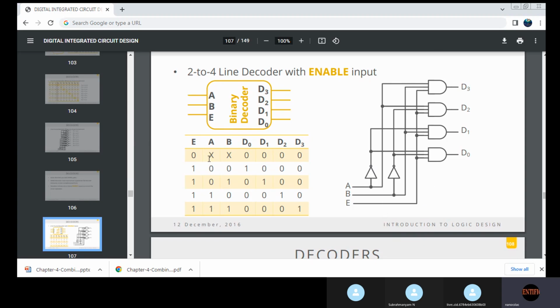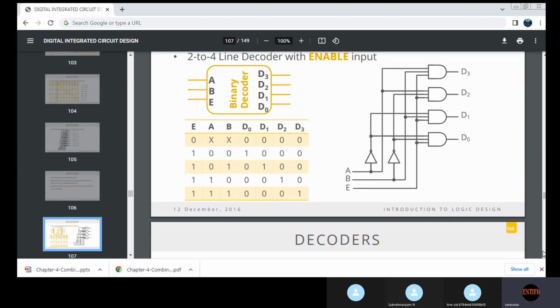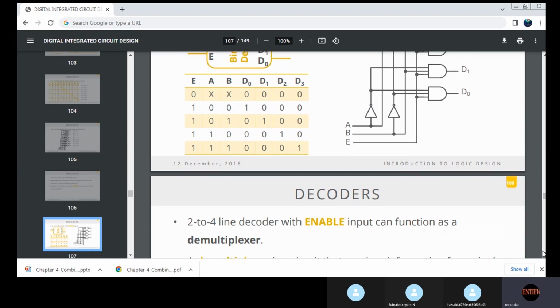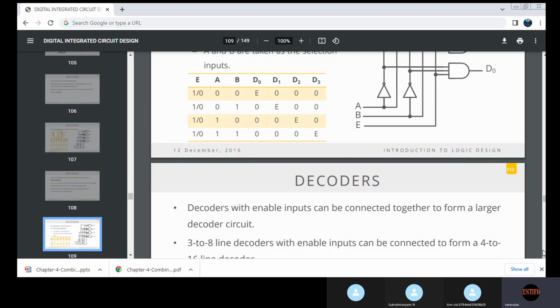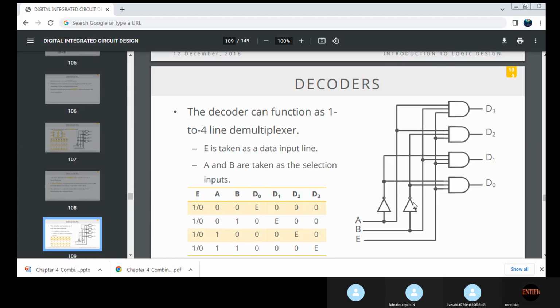Here, apart from A and B, I have added one more signal, that is the enable signal. It means whenever enable is equal to 1, only then will I get the decoded values. If enable is equal to 0, I will get garbage values. And the decoder also can function as a 1 second.